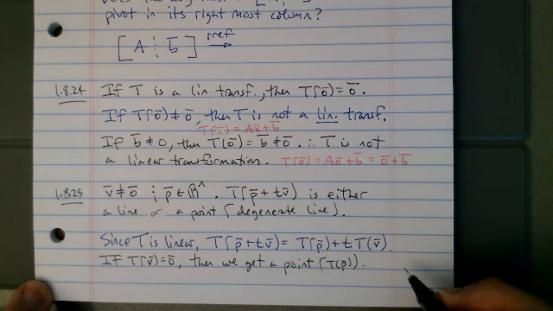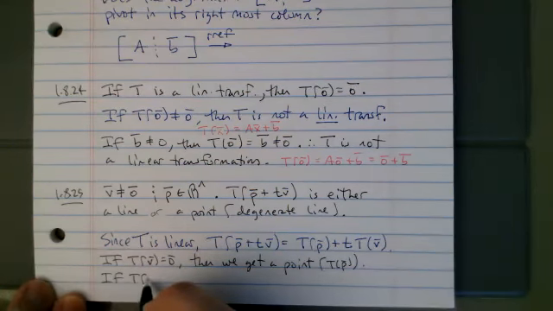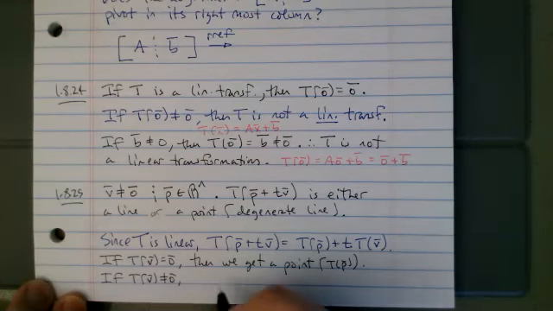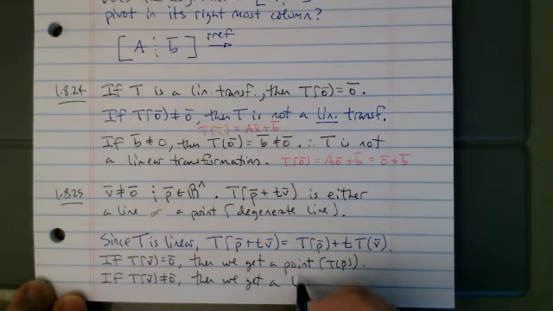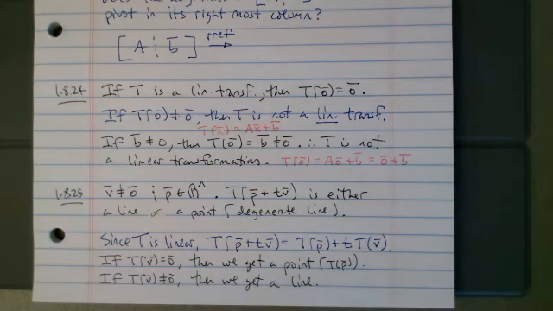If T of v is not 0, then we've got a line, a line through T of p in the direction of T of v. So that's how our thinking goes with 25. So in 24 and 25, we use the same thinking. A linear transformation respects linear combinations. That's what we needed for 24 and 25.